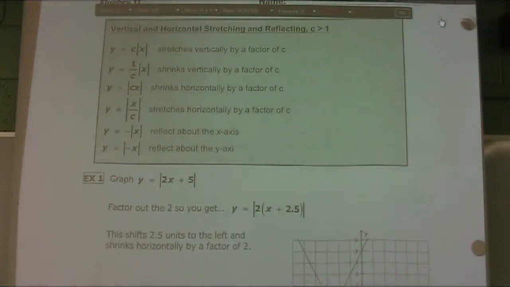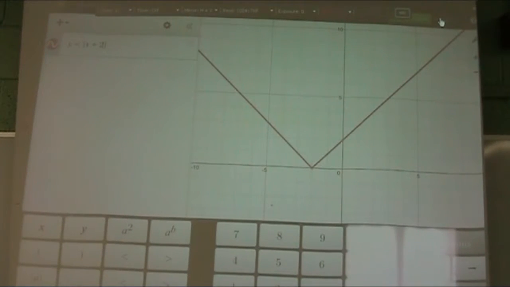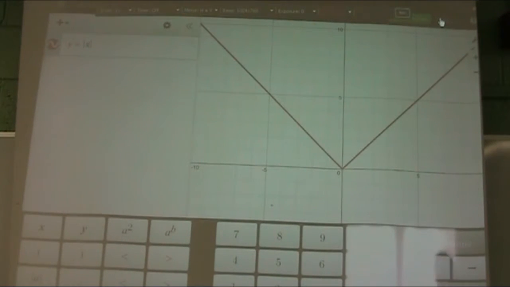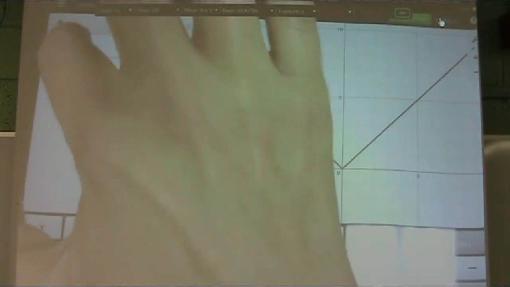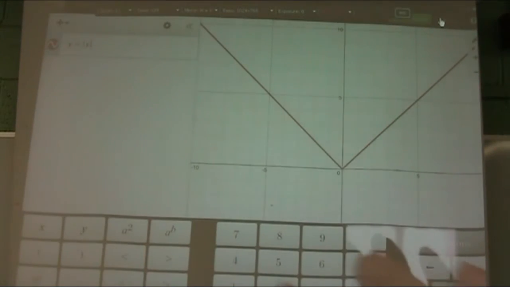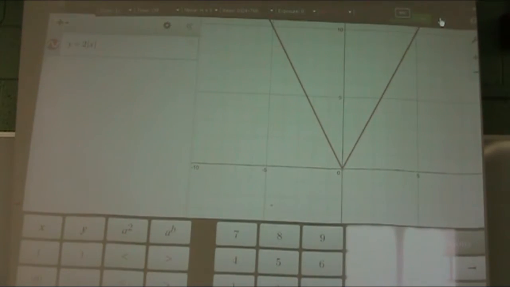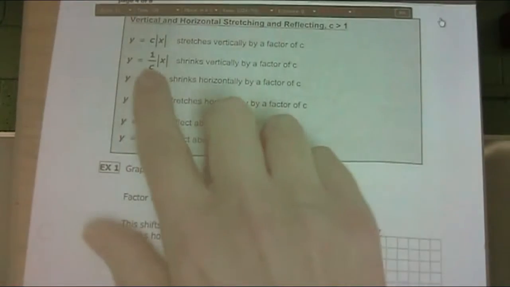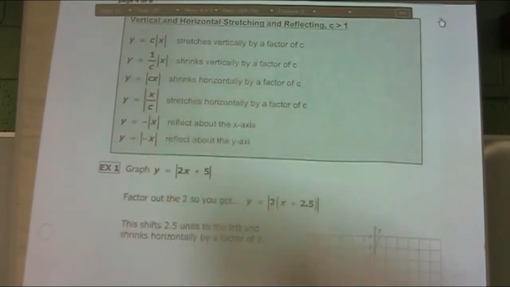So let's put in something here and see what's going to happen. I'm going to back off my plus 2 that I had here, and I'm going to go in front and multiply it by 2. And see how it got skinnier? It stretched it vertically. Now, if I put a number there, actually you'll see this in your translations, 1 over c, which is essentially a fraction, so 1/2.